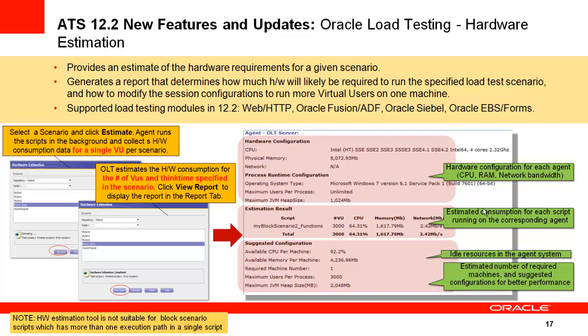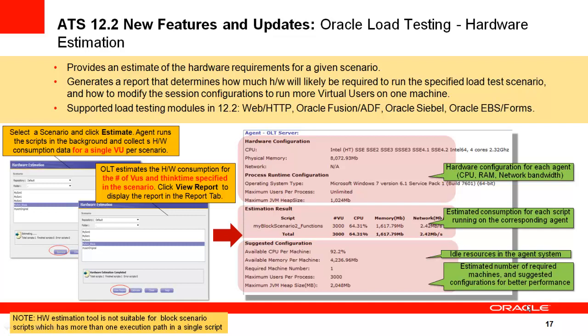In this report, the tool estimated that a total of 1.6 GB RAM may be consumed by running 3000 virtual users and therefore suggested applying 2 GB for agent heap size. As you can see, all the manual work we needed to do previously can be done instantly using the hardware estimation tool.